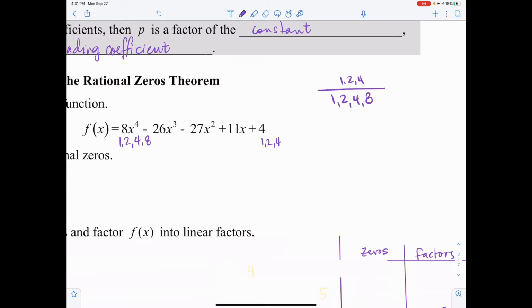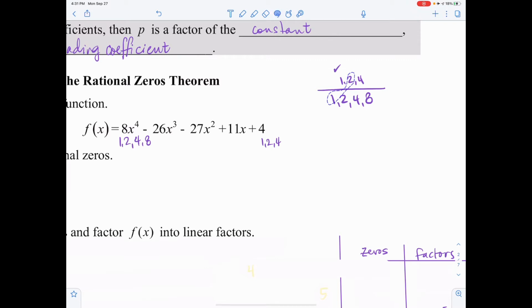So the way that I like to think of this is that these are fractions. So I'm just going to take them all, and I'm going to be very methodical about this. So first I'm going to do 1 divided by 1, 1 divided by 2, 1 divided by 4, 1 divided by 8. That takes care of the 1 on top. And then I'll do the same thing with the 2.